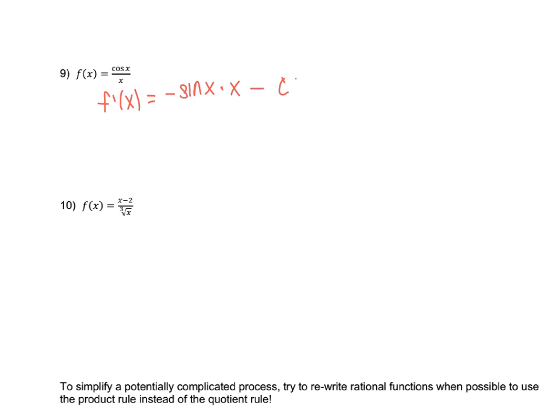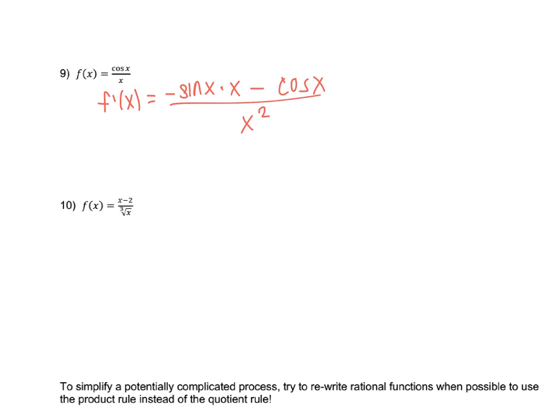So cosine of x, the original numerator, times the derivative of the denominator, which is just 1, all divided by denominator squared.